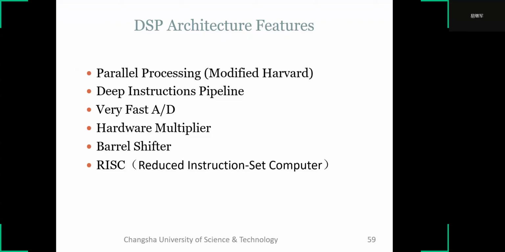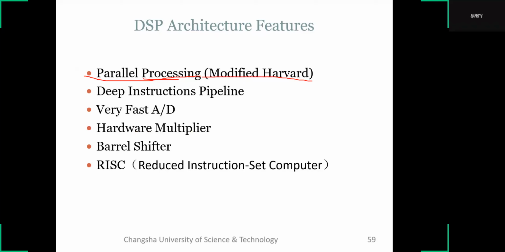DSP architecture features: parallel processing, modified hardware. And as we know, the computer has two models, the Harvard model and the von Neumann model.